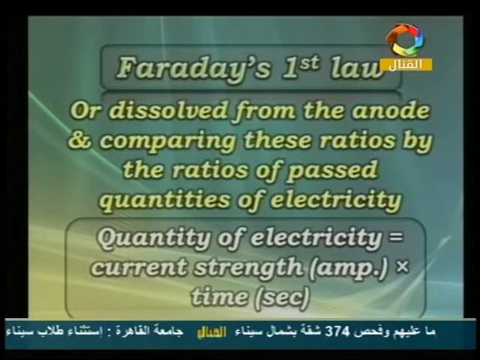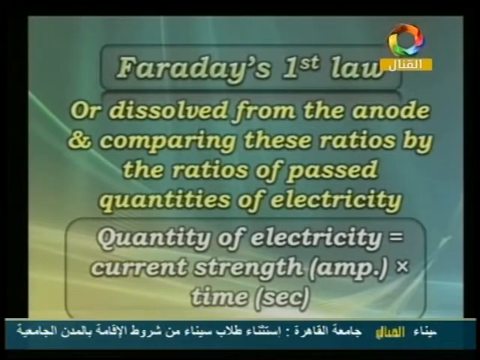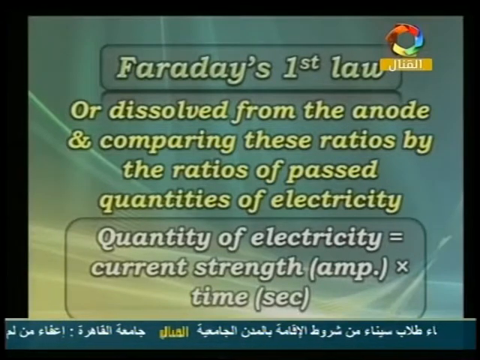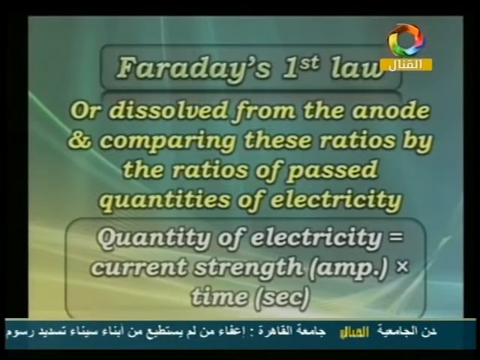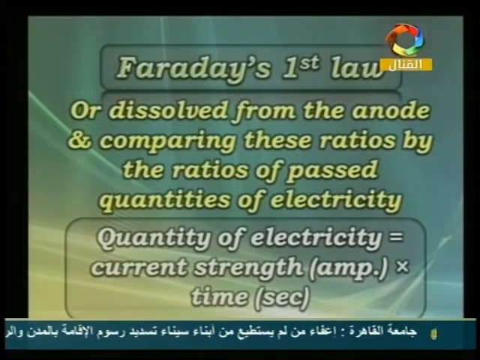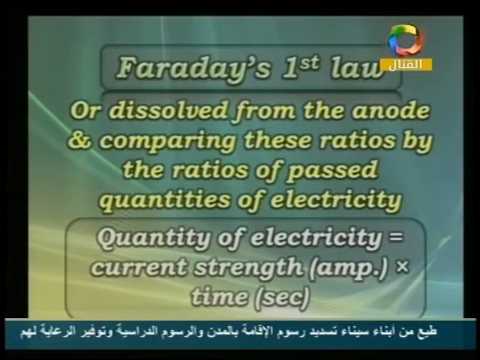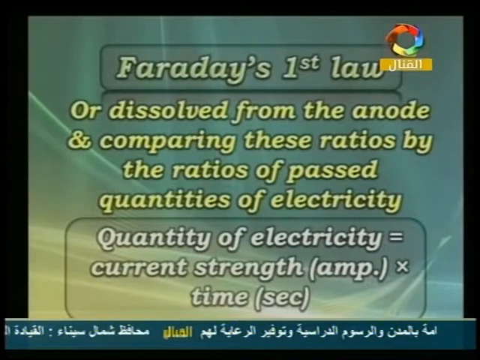So here we have what is formed, or another thing dissolved from the anode, and on comparing these ratios with the ratio of the passing quantities of electricity. So we have a rule. First law of Faraday: quantity of electricity. This comes from physics.